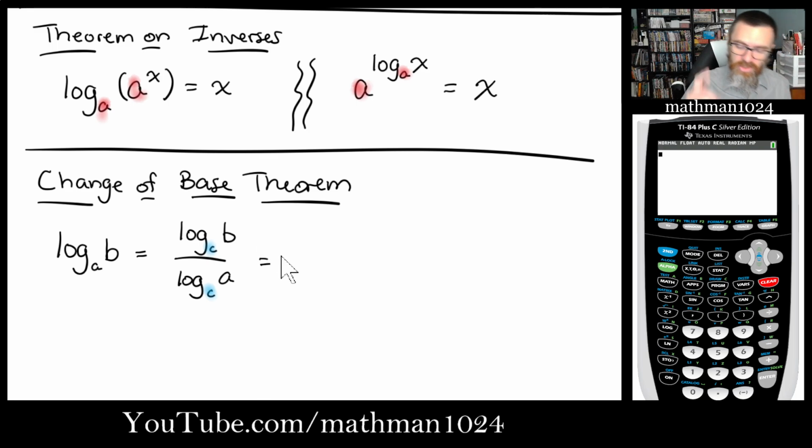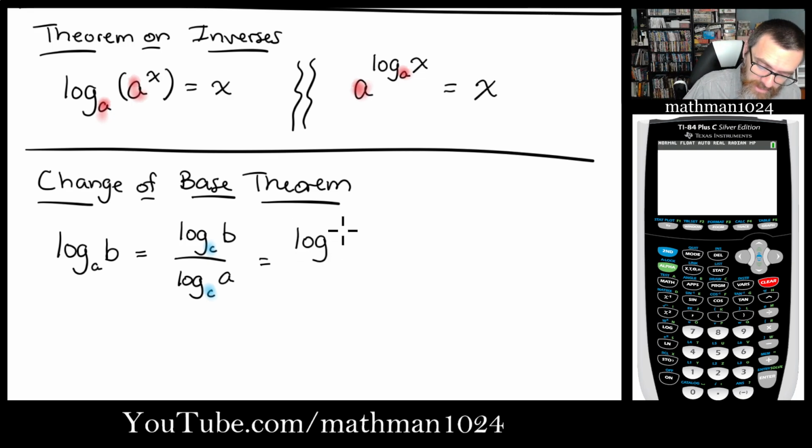Now, you can choose whatever base you want, and there are some problems that we're going to see where it definitely helps to choose a base, because if A and B have a base that's common, maybe you rewrite it with that common base. Some problems, you're never going to find a common base. And so it's helpful when we have the graphing calculator to just throw it in there. So we need to make sure we can type it correctly.